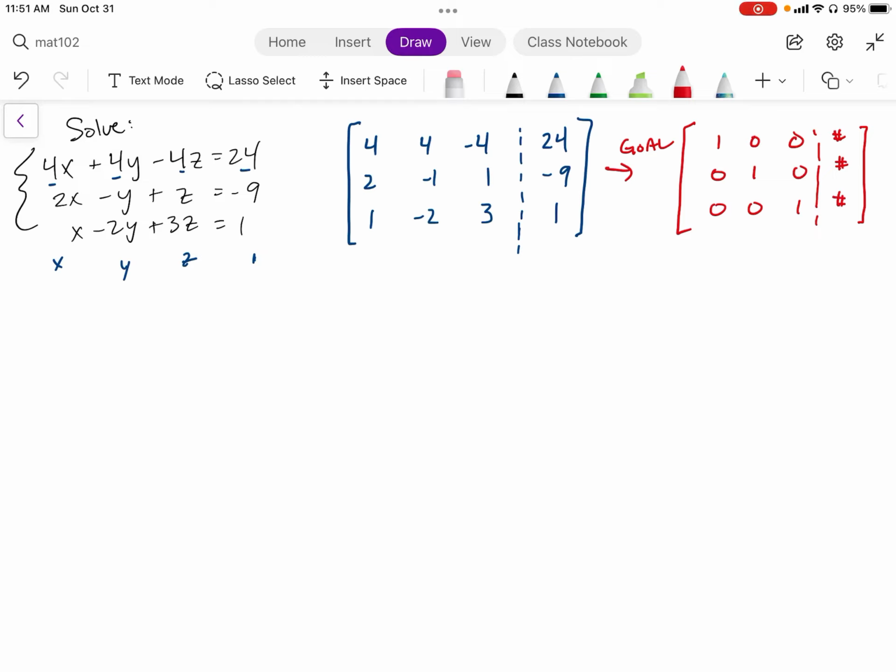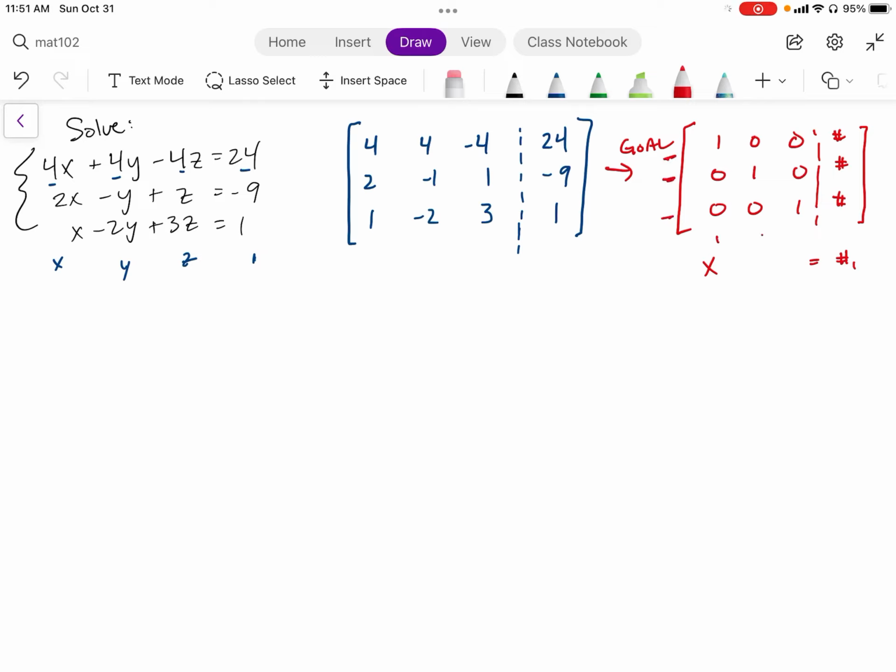Okay, because if I had this matrix in reduced row echelon form, and I rewrote it back with x's and y's, really this says 1x plus 0y plus 0z equals whatever that number is. Okay, we'll call it number 1 because they might be different. And then the second row, these are rows, right?